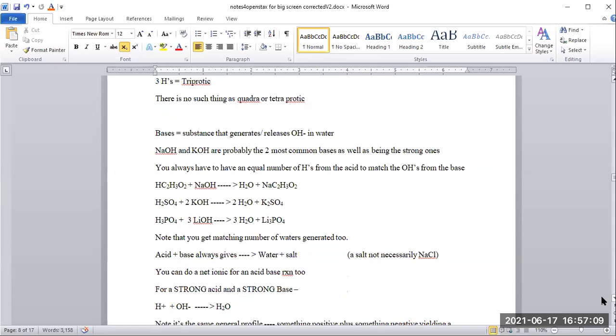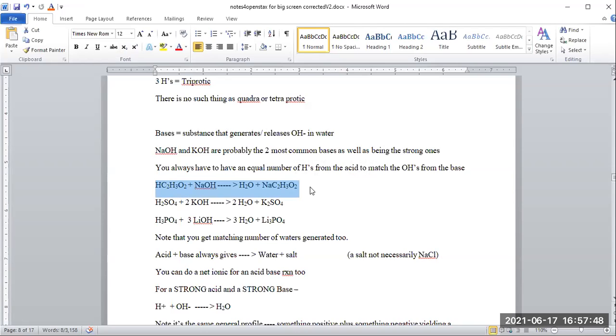So one of the things that you will see here as we are looking at acid-base reactions is that the number of H's on your acid should equal the number of OHs on your base, and that should equal the number of water molecules. So have a look here at the first one. We have acetic acid, vinegar, and sodium hydroxide.